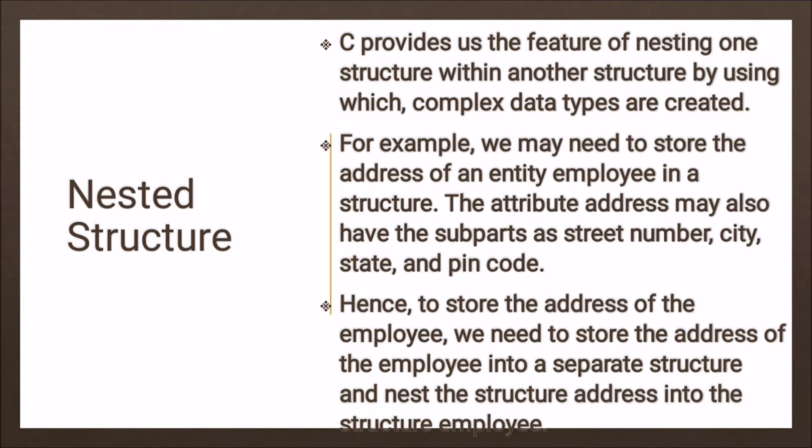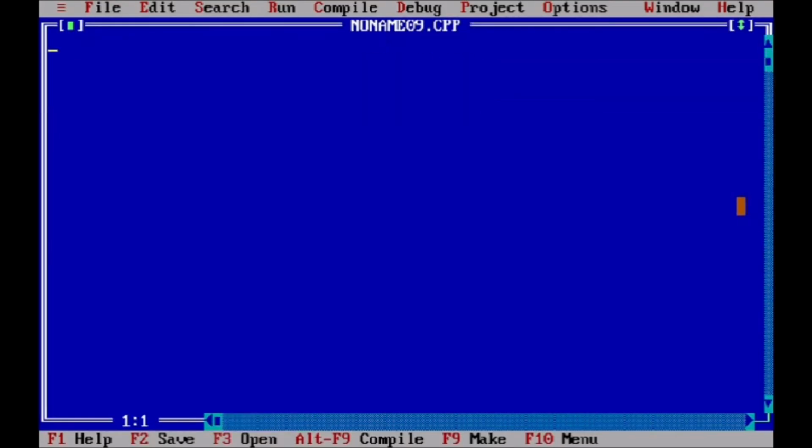Let us see an example of the nested structure, then our idea will be clearer. First we include two header files, stdio.h and conio.h.